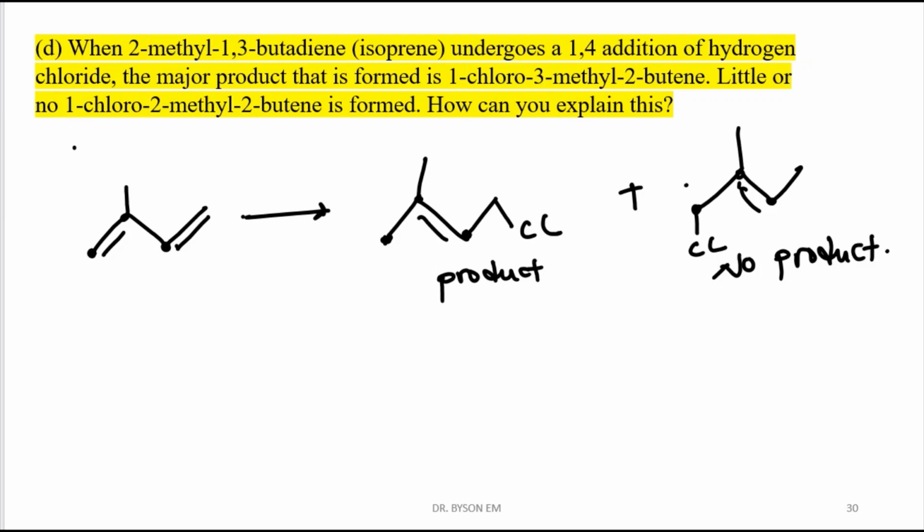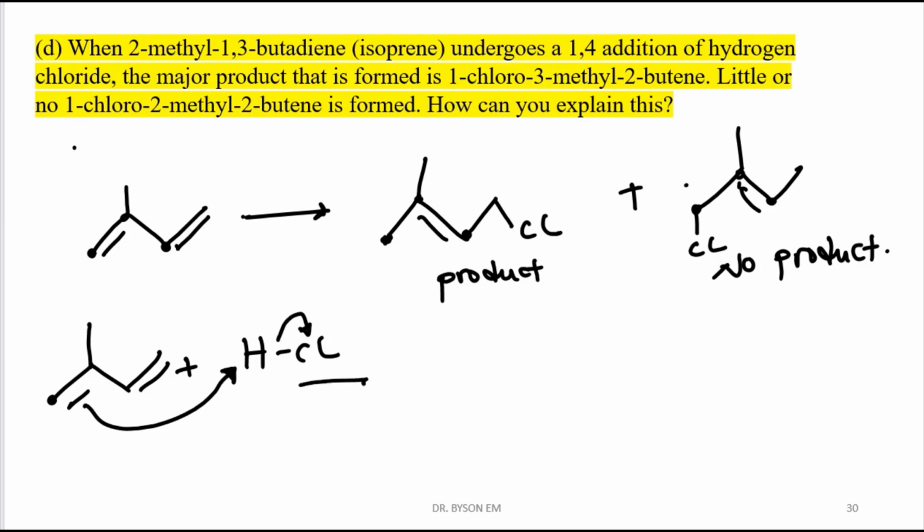So how you can explain this is that, first of all, what is going to happen here? How this reaction is going to take place. This will react with hydrogen chloride like that. This will come, attack the H there, get the H, the chloride will go, and then you're going to have a carbocation there and the double bond there. And then this double bond is going to shift.